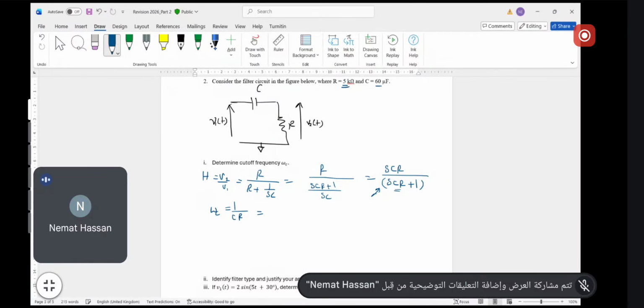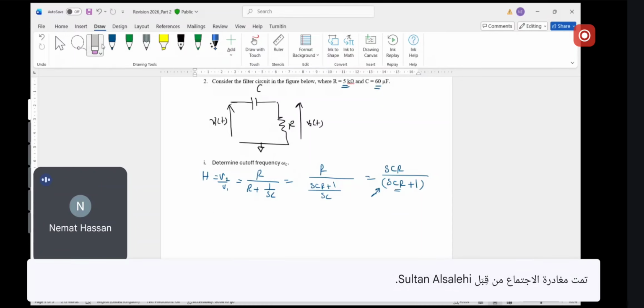We have the value of R, we have the value of C. 1 over C is equal to what? 60 times 10 power minus 6 times 5 kilo, so 5 times 10 power 3, which is equal to what? Good. Where did omega c come from? Okay, good. 3.33. I'll ask you to repeat the answer again after this.